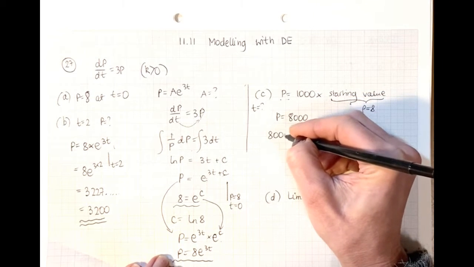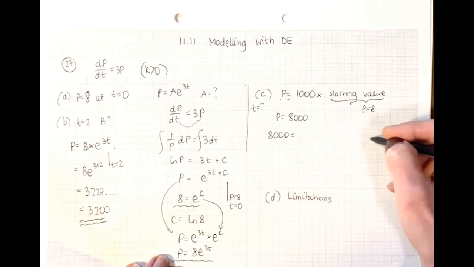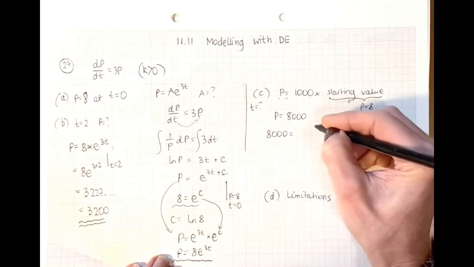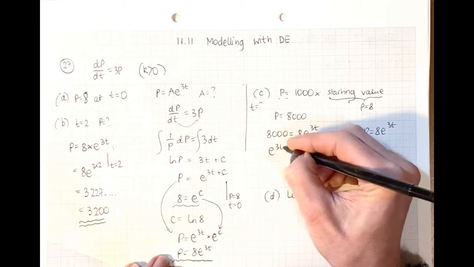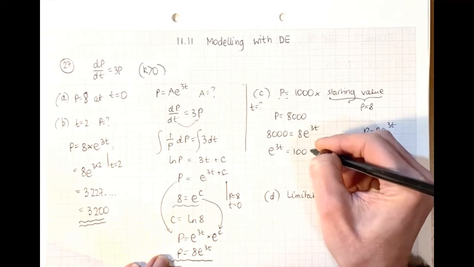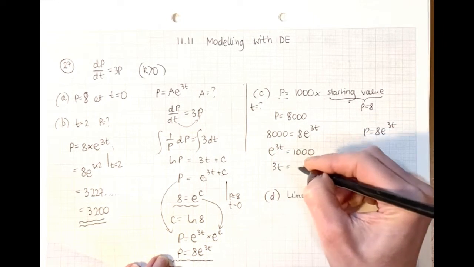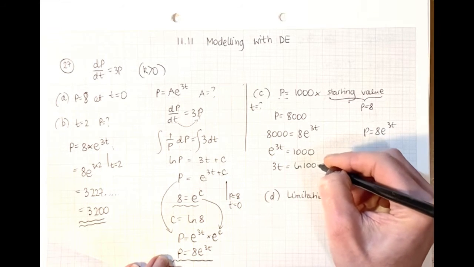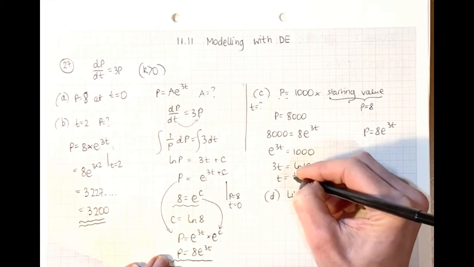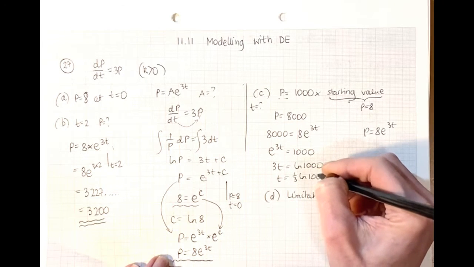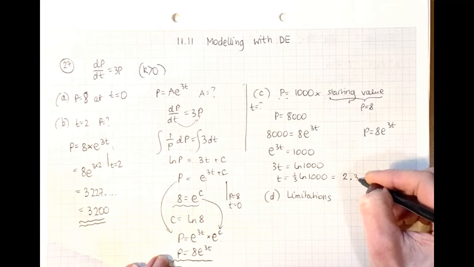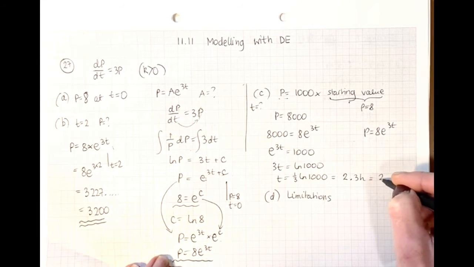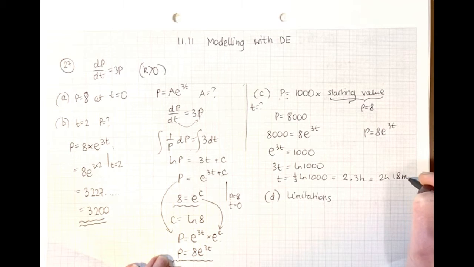So let's sub 8,000 into the formula for the population, which is 8e to the power 3t, and solve this equation. So e to the power 3t is equal to 1,000. 3t is equal to ln 1,000. So t is a third of ln 1,000, which gives you 2.3 hours, which is 2 hours 18 minutes.